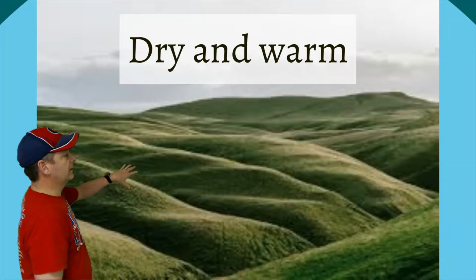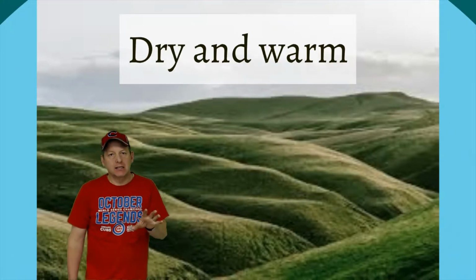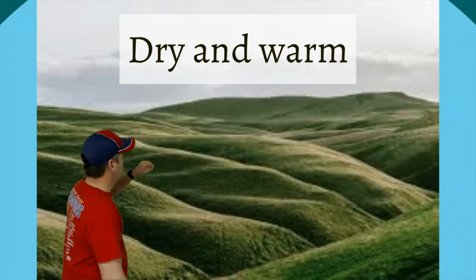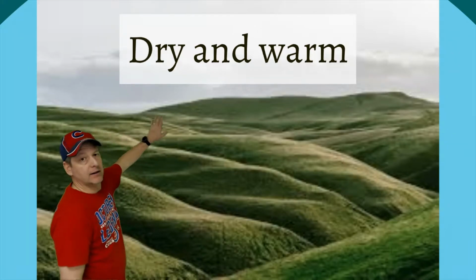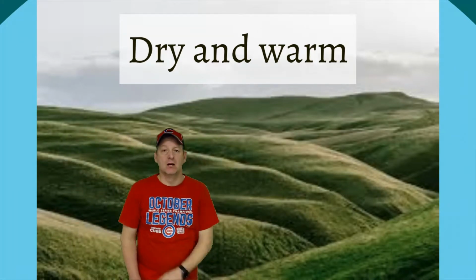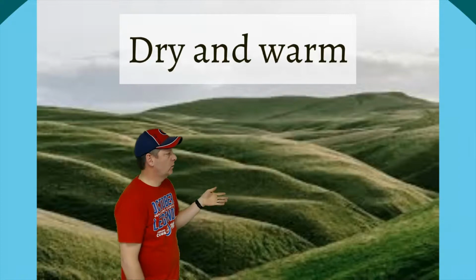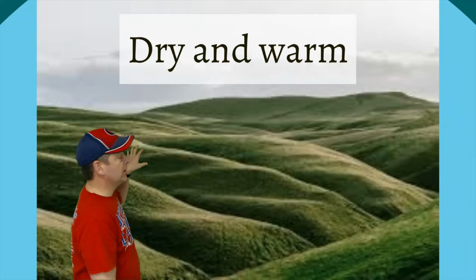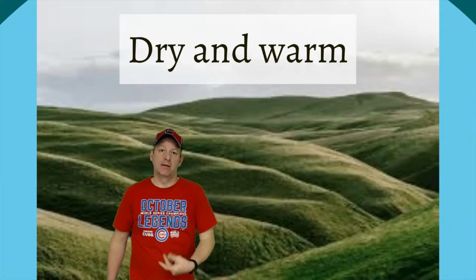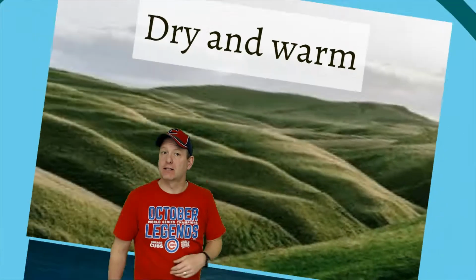Like what we have here, you'll notice that the air mass has two characteristics. One, that it is dry, and the other one, that it is warm. So anytime we talk about air masses, we're always going to talk about two things. So when we look at this land here, we would expect the air here to be dry and warm. Let's take this other one.